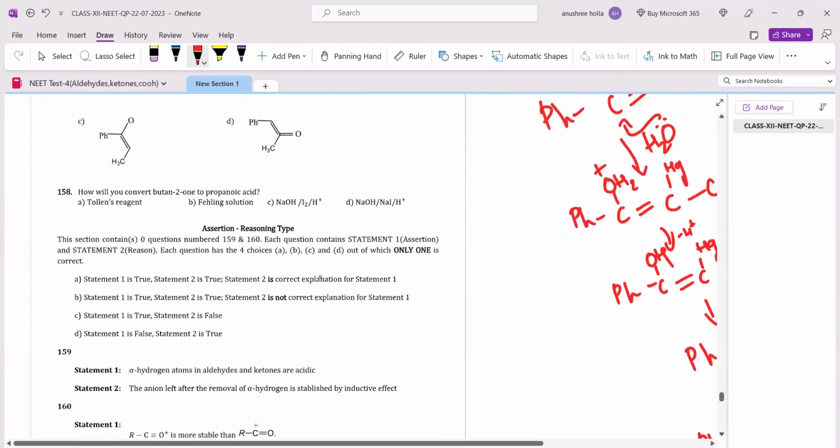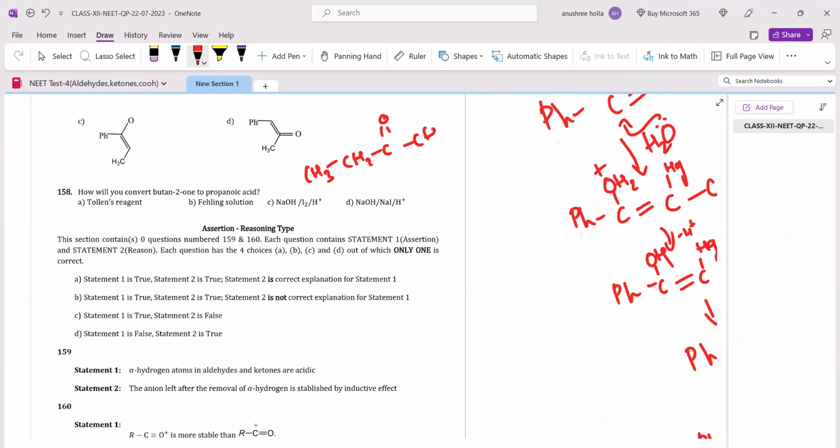Question number 158. How will you convert butan-2-one to propanoic acid? Look, butan-2-one is this, a ketone. So ketone will not get oxidized by either Fehling's or Tollens. So this is eliminated. But since butan-2-one has this methyl ketone group, I can oxidize this with the help of the iodoform reaction, right?